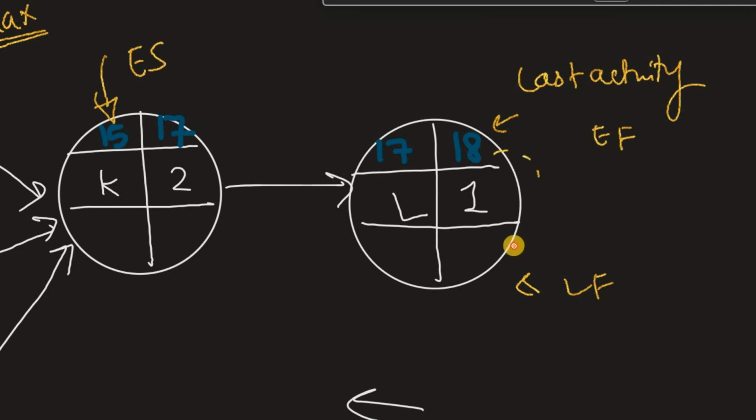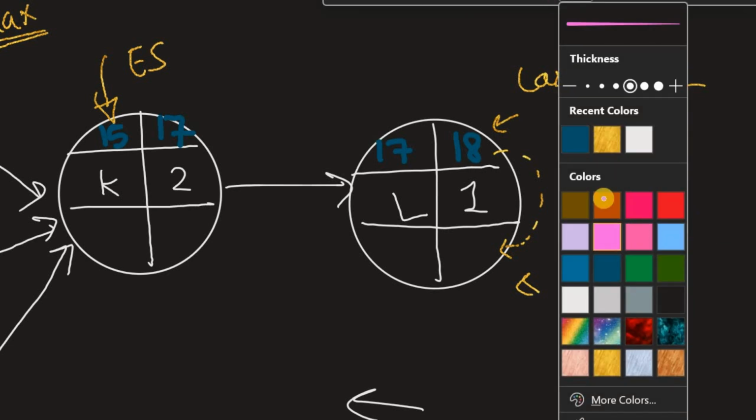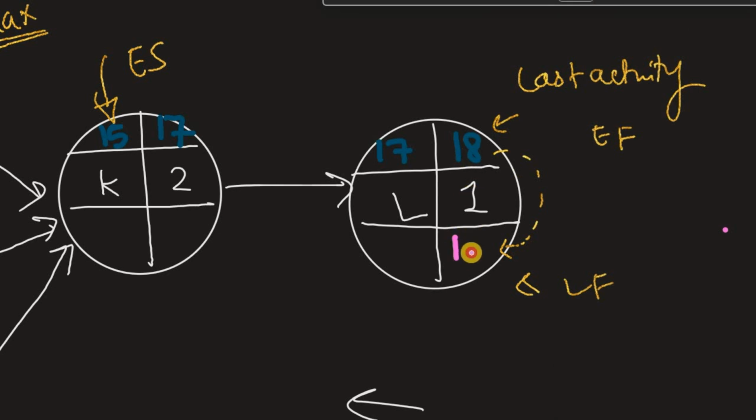So it's always the same. I'm just going to copy paste it over here. Let's use a different color. So here 18, we have the latest finish of this one.